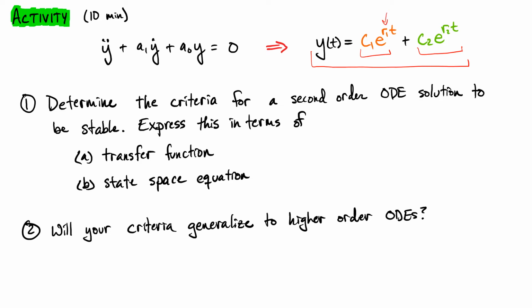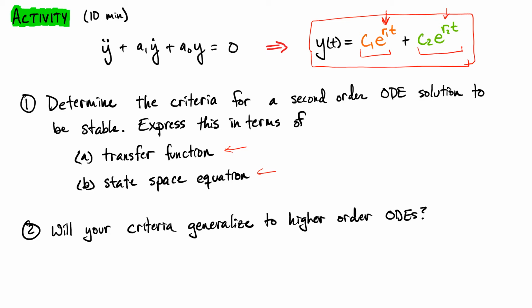And we want to look back through where these R1 and R2 come from, depending on whether we're looking at it from a transfer function point of view or a state space point of view. So I'd like you to think through what values of R1 and R2 allow this solution to be stable, and I want you to be able to express that.